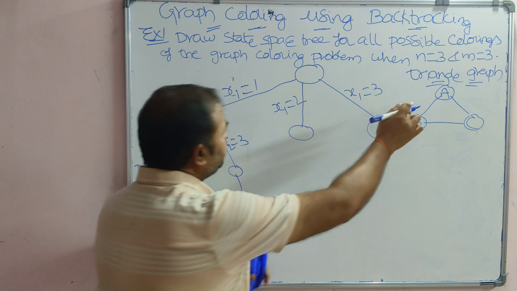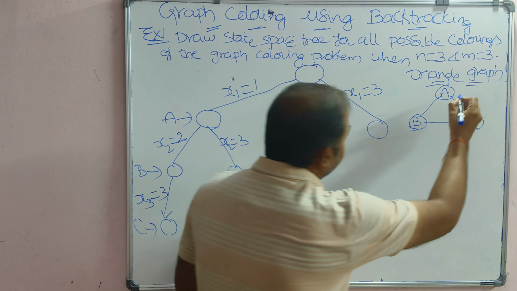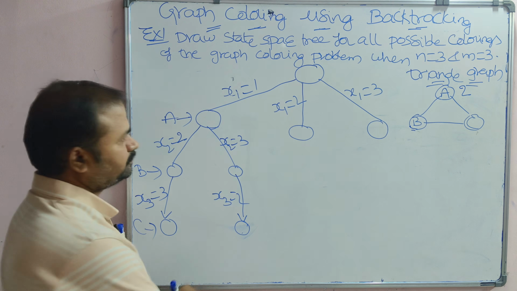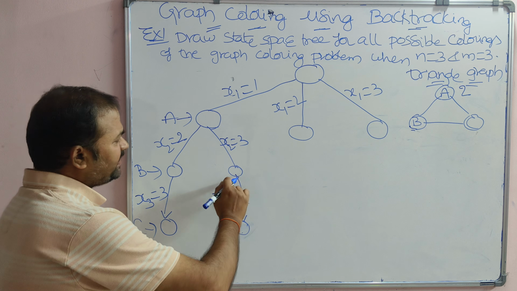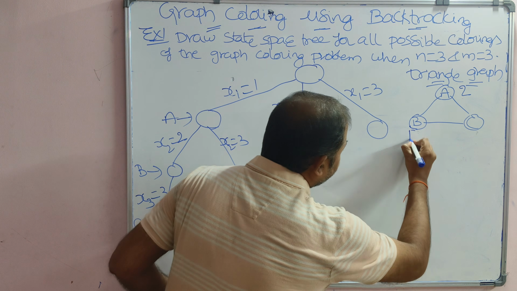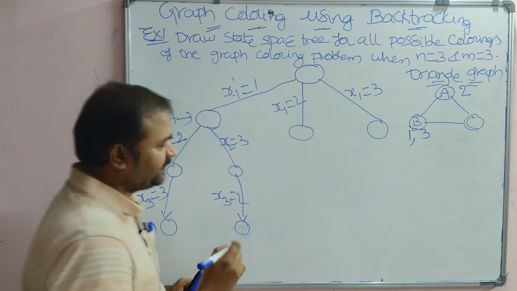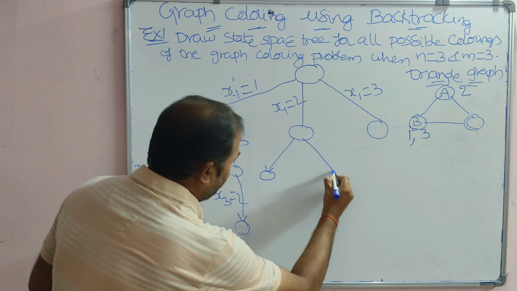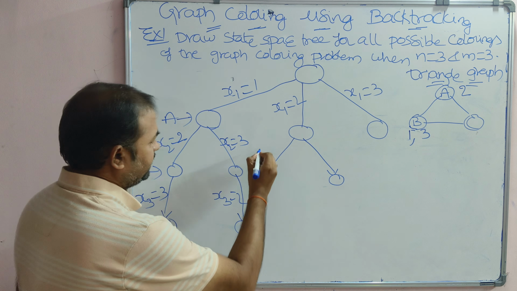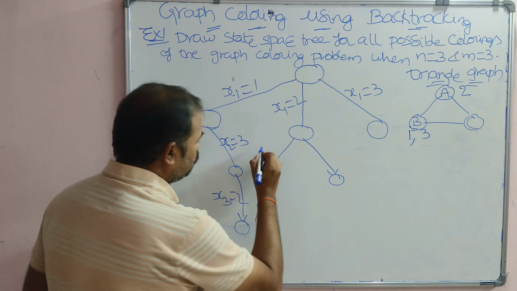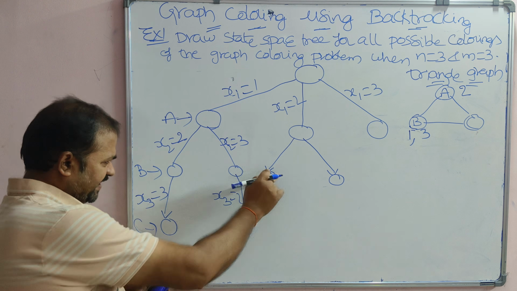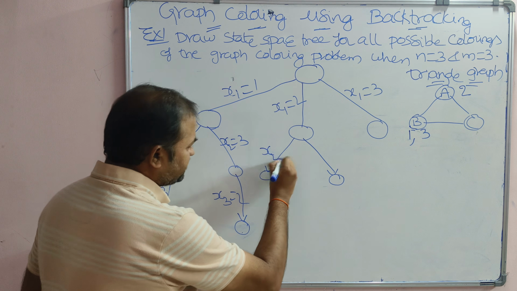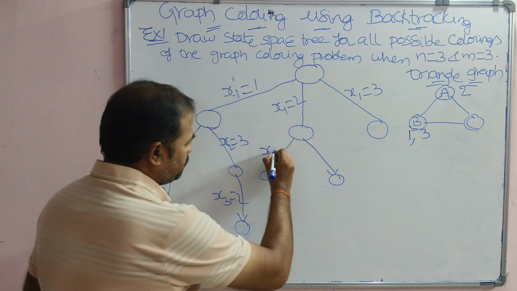So let us assume that vertex A is colored with second color. Then vertex B can be colored either with color 1 or color 3. So this is nothing but x2. Vertex B means we are using the solution vector x2.